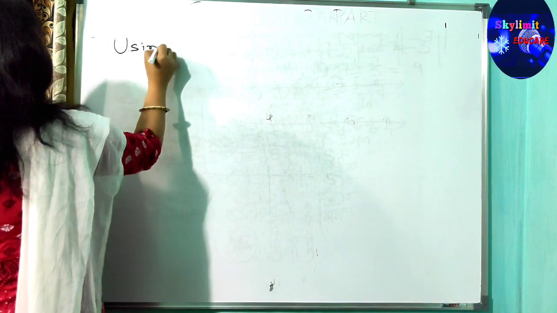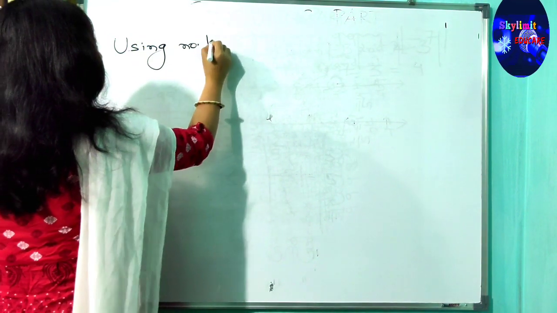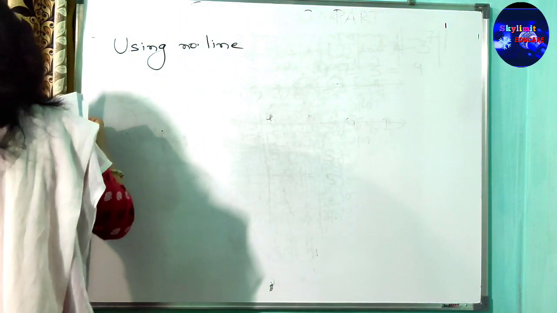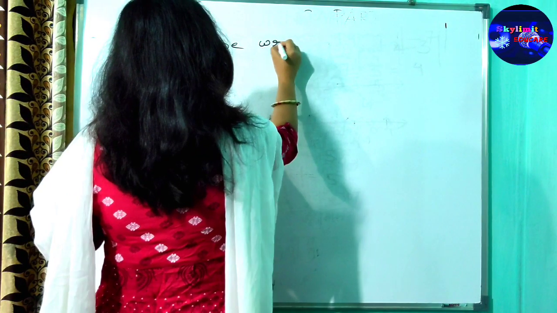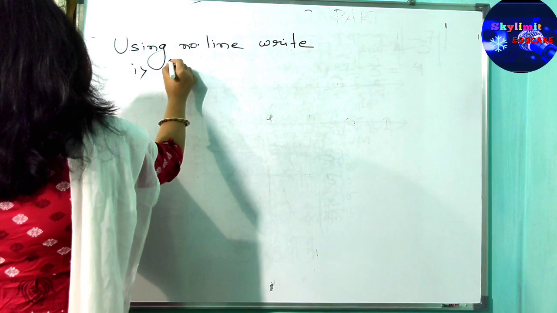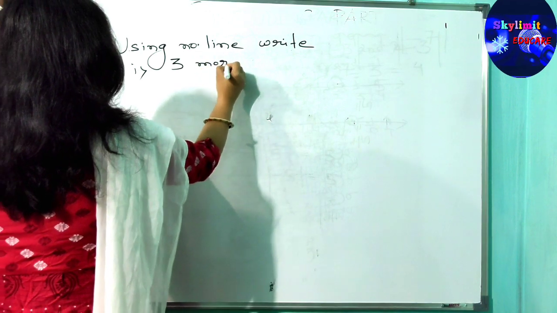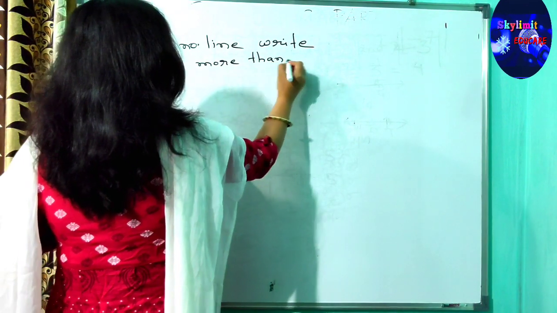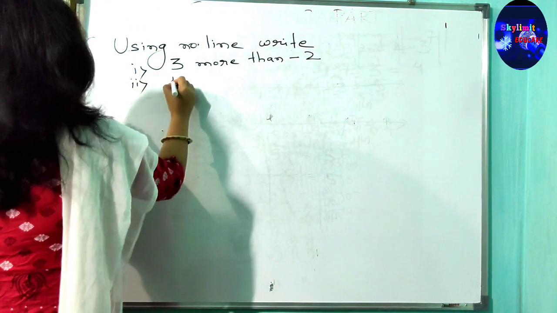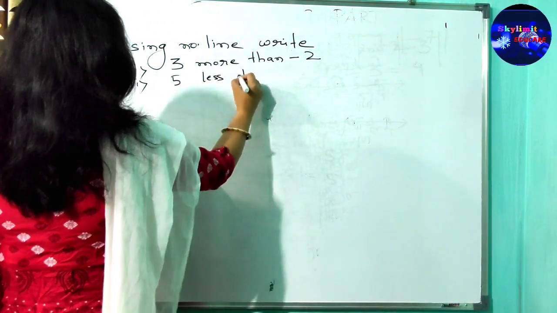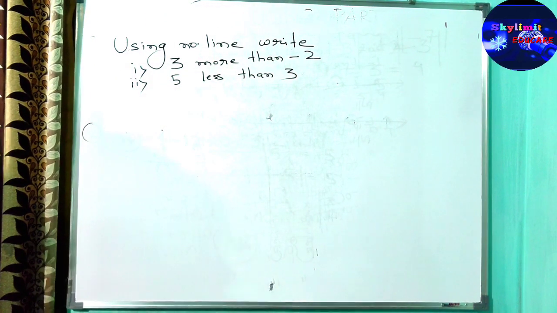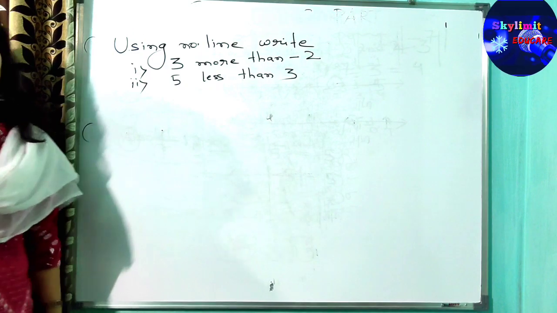Using number line, question number 1: 3 more than -2, 5 less than 3. So how will you solve it using a number line?